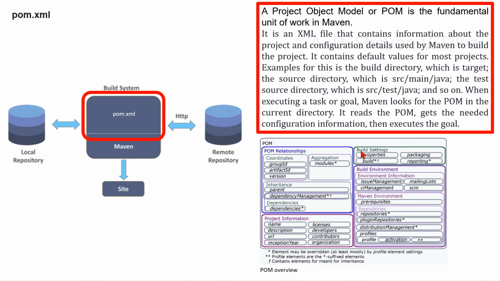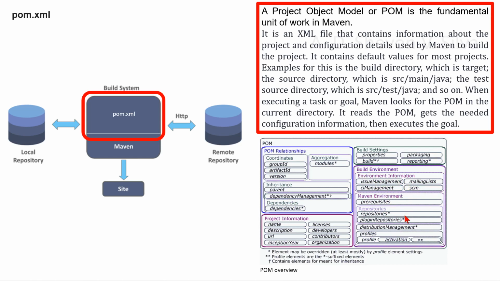Here you can see build system under POM, and you can see properties, packaging, build, and reporting under build system. Here you can see build environment under POM, and you can see environment information, Maven, and Maven environment under build environment. You can see issue management, CI management, mailing list, and SCM under environment information.